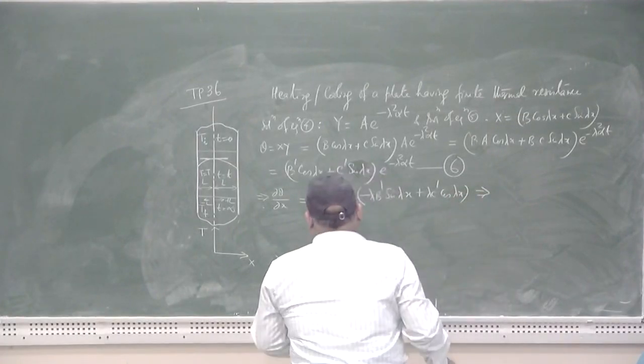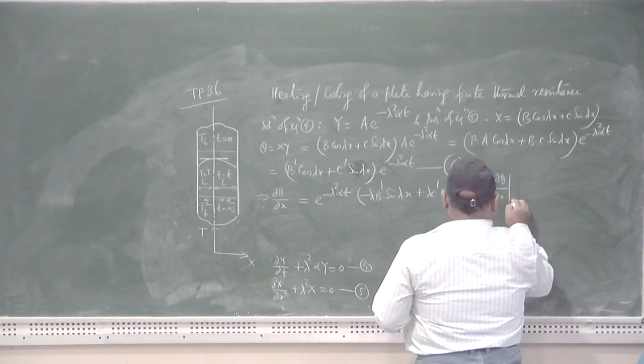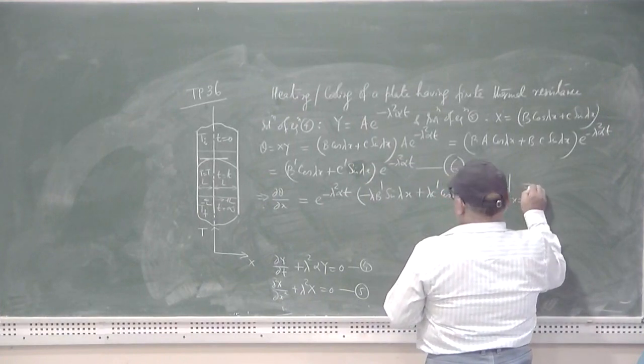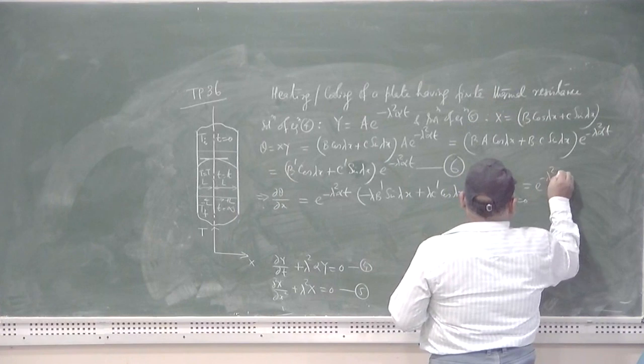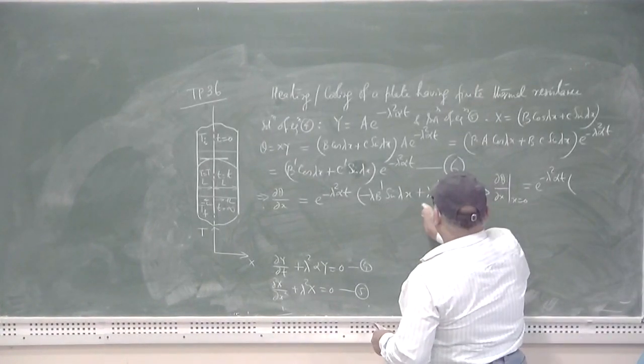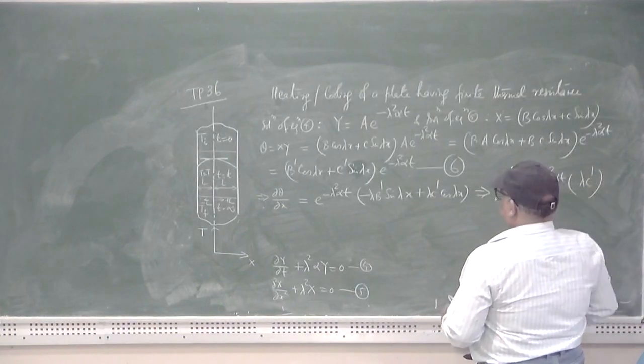So the value of ∂θ/∂x at x equal to 0 is e to the power minus lambda square alpha t into this quantity equal to 0 and this quantity equal to 1, so that is equal to lambda c dash.